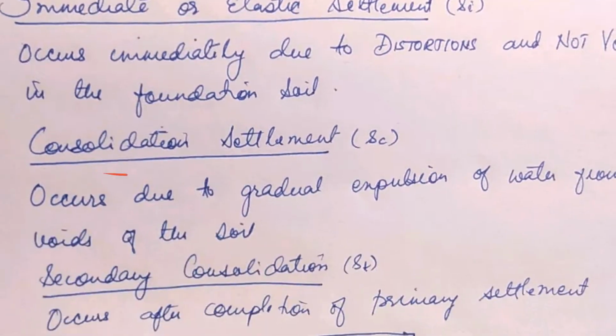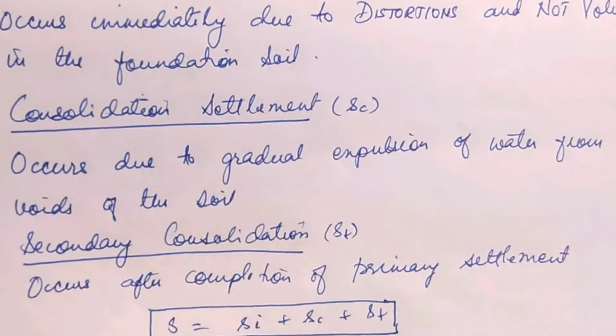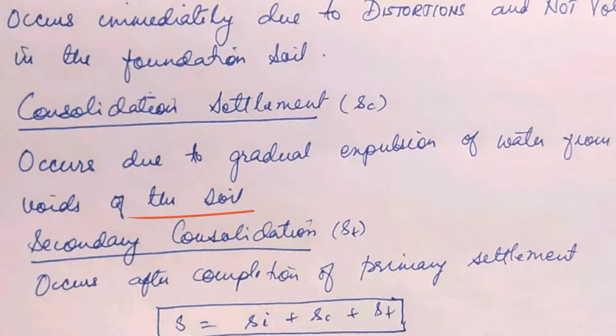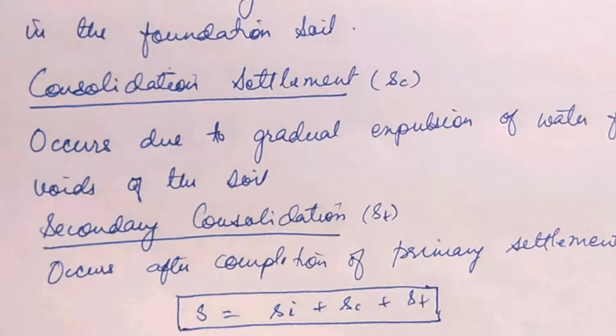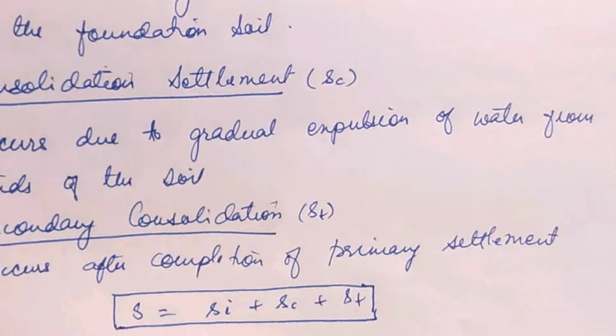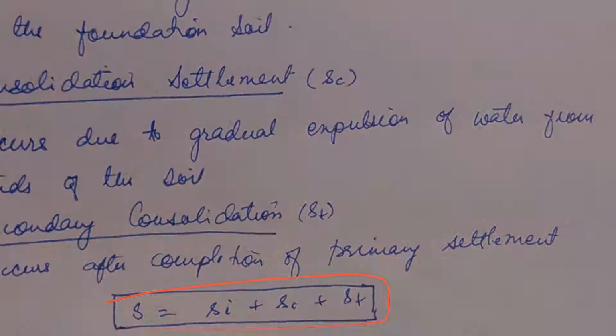Now come to consolidation settlement. It occurs due to gradual expulsion of water from the voids of the soil. And secondary consolidation occurs after completion of primary settlement over a period of time. And this total settlement S is actually the sum of all these three, SI plus SC plus ST.